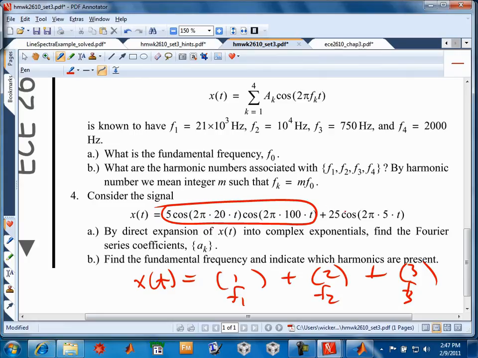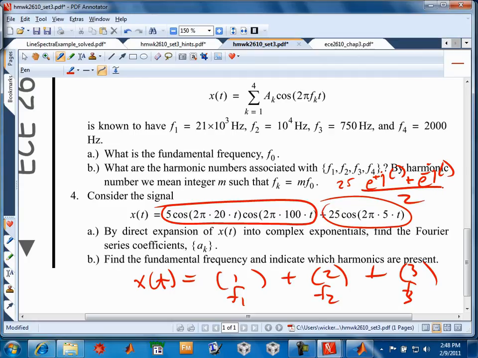So, for example, in finding the Fourier coefficients, there'd be a pair of Fourier coefficients from that term, right? It's at 5 hertz. But what coefficients would it have? From Euler's identity, that would expand out into 25 times e to the plus j, that frequency, plus e to the minus j, that frequency, over 2.